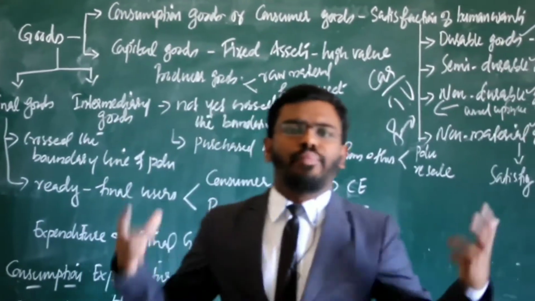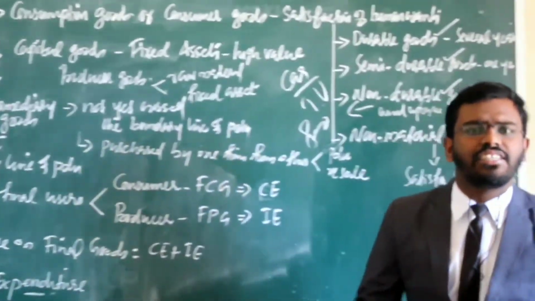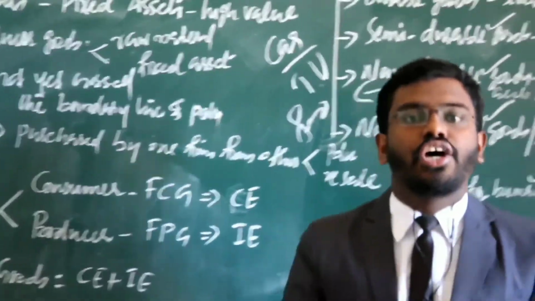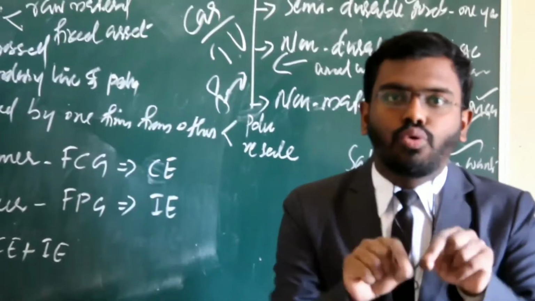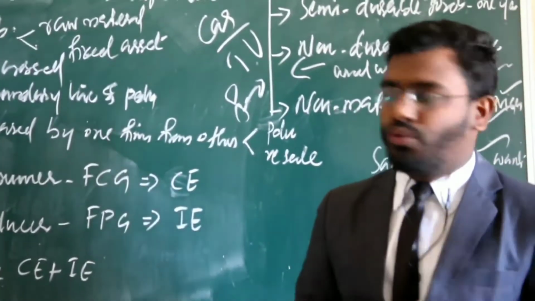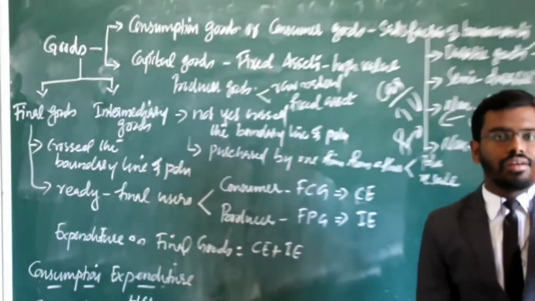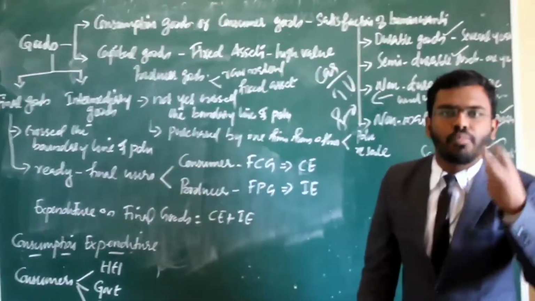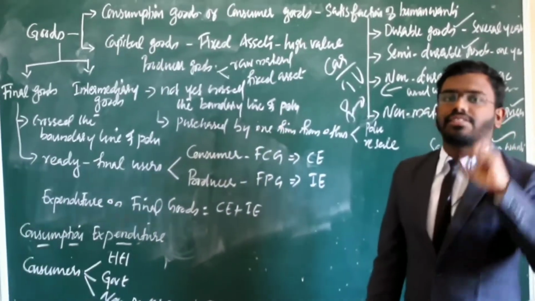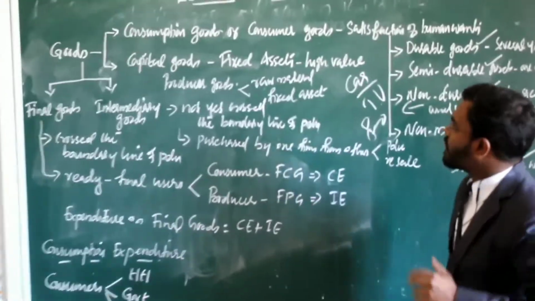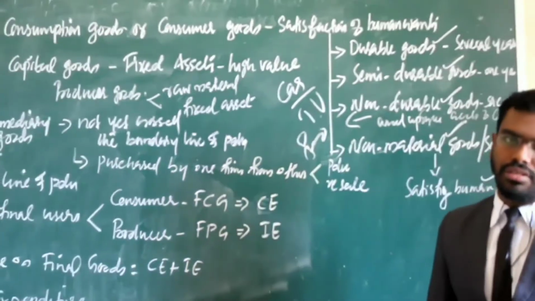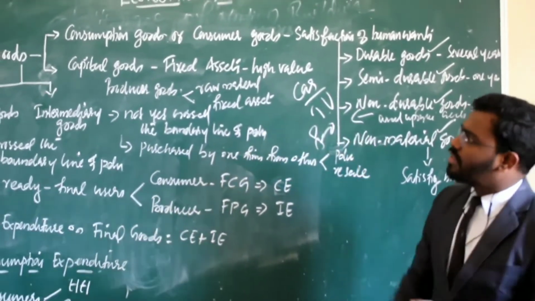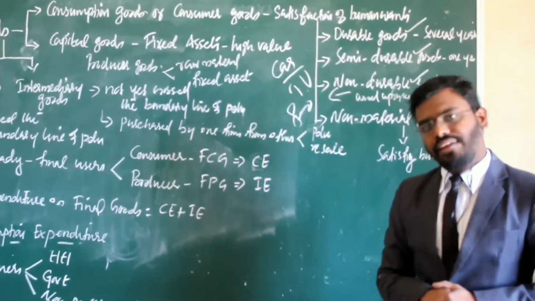Simply, capital goods are fixed assets used in the process of production which have higher value. For example, plant and machinery. So that is the first way of classification of goods: consumer goods and capital goods.